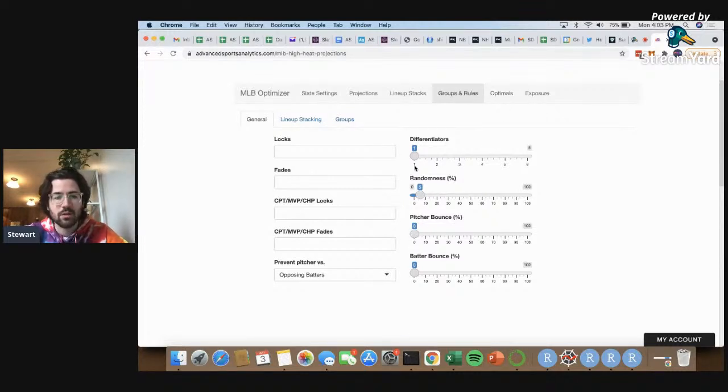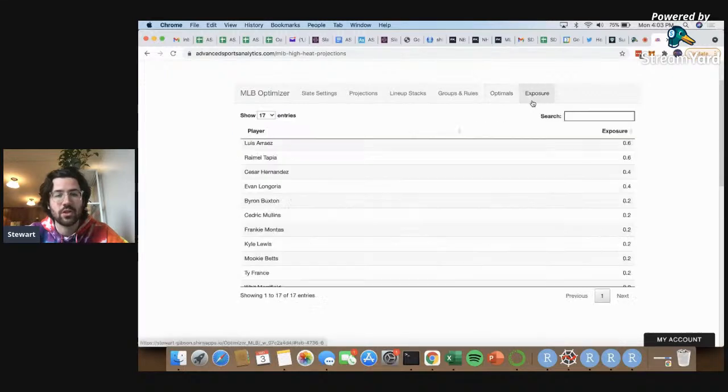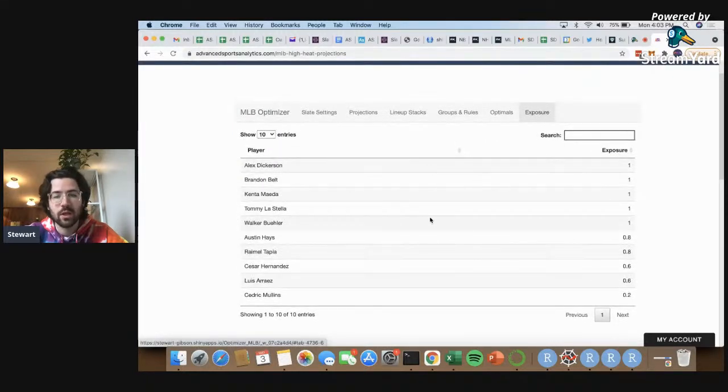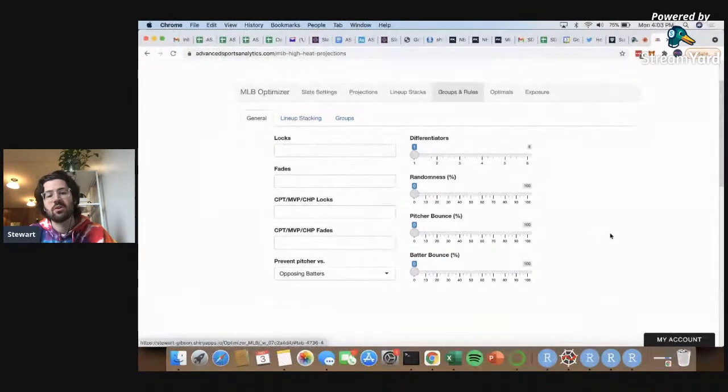Bounce is another feature that should promote diversification. I'm going to set it to 0 just for the purpose of the exercise. As we can see, there are a lot of players that have 100% exposure. Bounce is a good way to lower exposure to players and prevent them from appearing in all or next to all lineups. The mathematics behind it: a player has a projection.